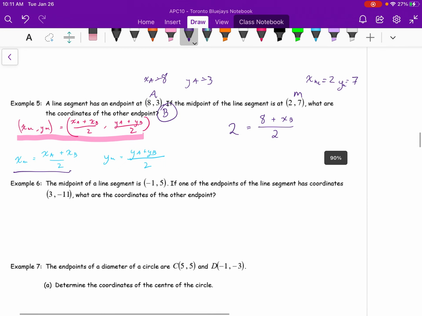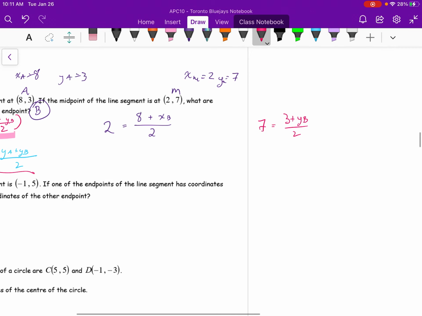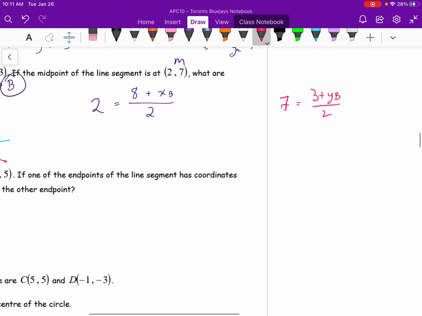Now, I'm going to use the y-coordinate. ym is 7, is equal to ya, which is 3, plus yb divided by 2. So now I have two very nice formulas that I can easily manipulate. This one will determine the x-coordinate of my endpoint.